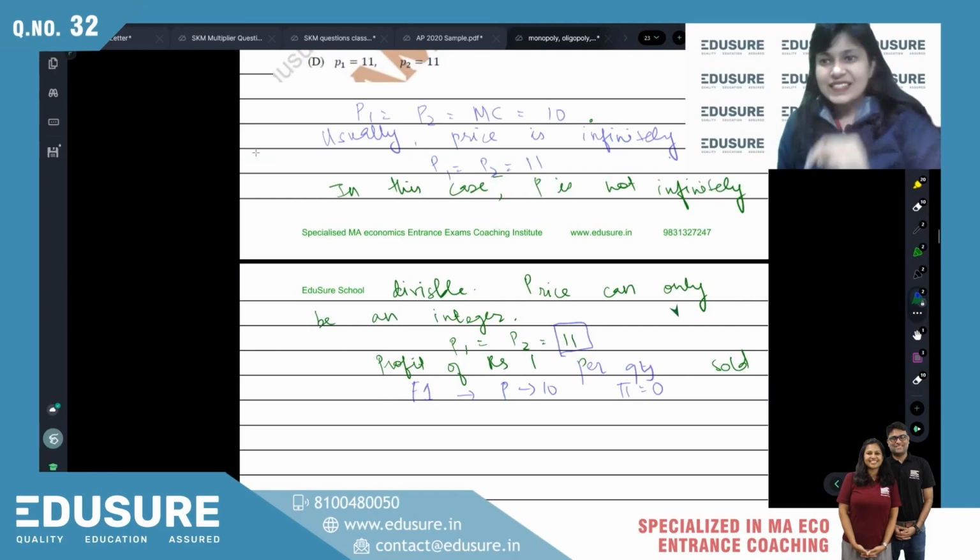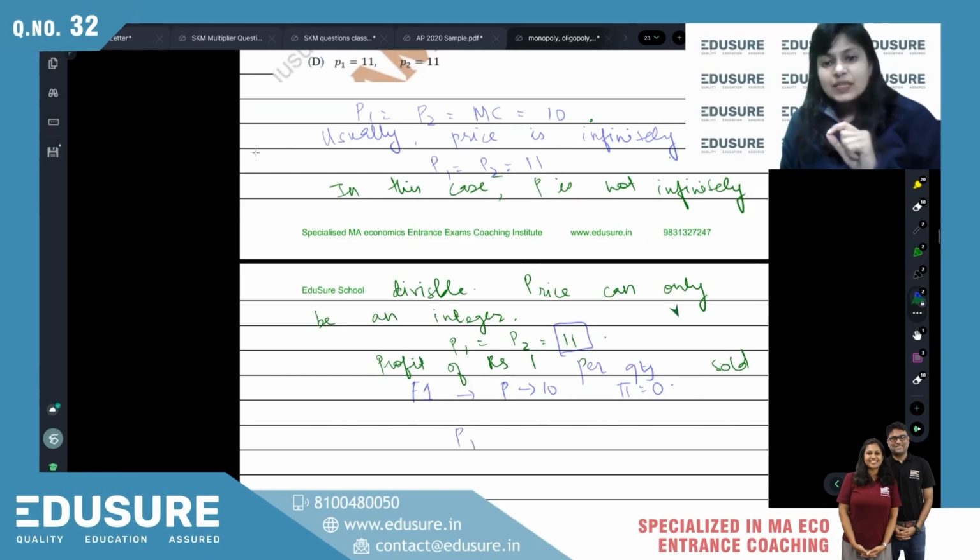So in this case, because of the indivisibility of prices, undercutting is restricted. From a positive profit, you will move to 0 profit in one jolt, right? So this can also be sustained because by undercutting you are not earning profit. So that is why P1 is equal to P2 is equal to 11 is possible.